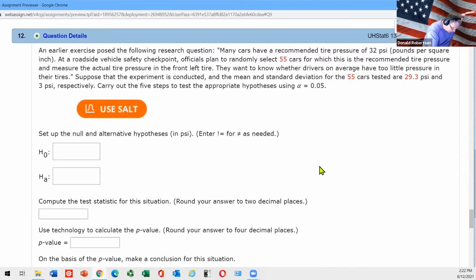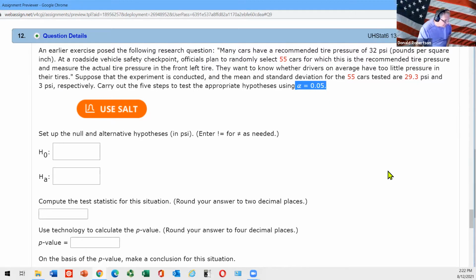And in this story, the 55 cars came out with a 29.3 and a standard deviation of 3. So all the information that we need for SALT is here: sample size, sample mean, sample standard deviation. And later on, we're going to use that as our test.